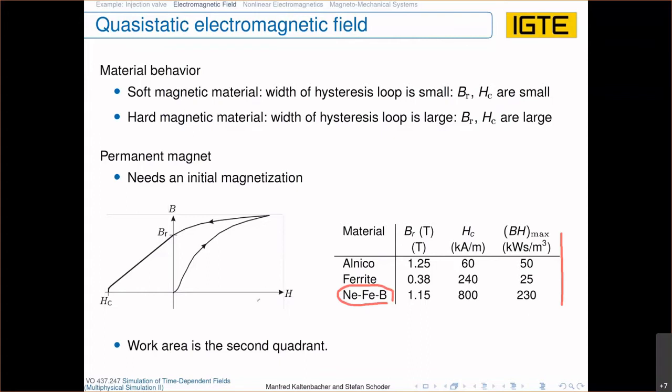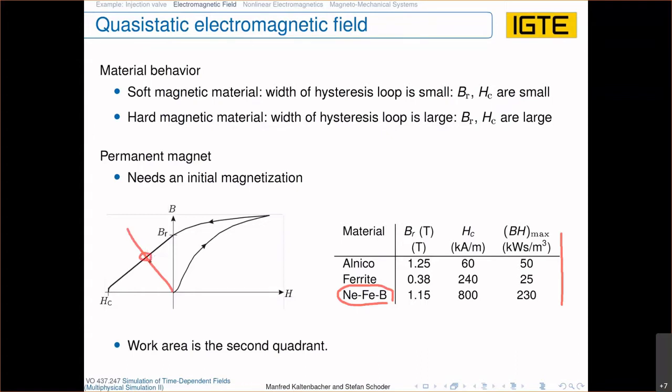And when you use such a permanent magnet within a magnetic circuit, this is the working area where the permanent magnet is working, and according to the load, which you can show here by a straight line, you get such a working point.